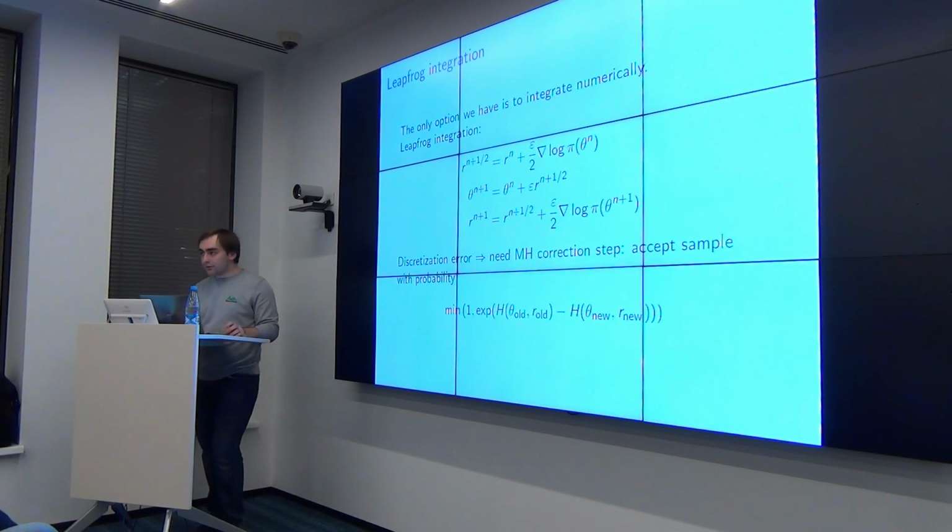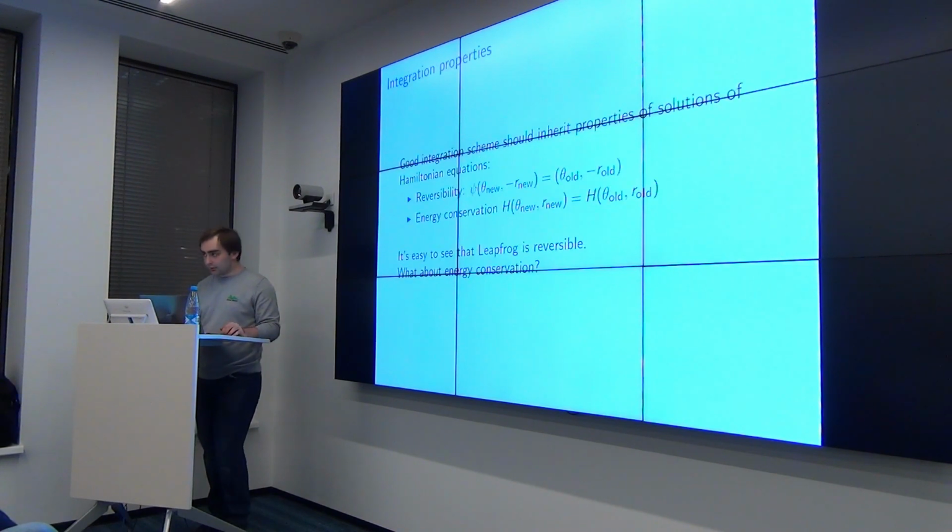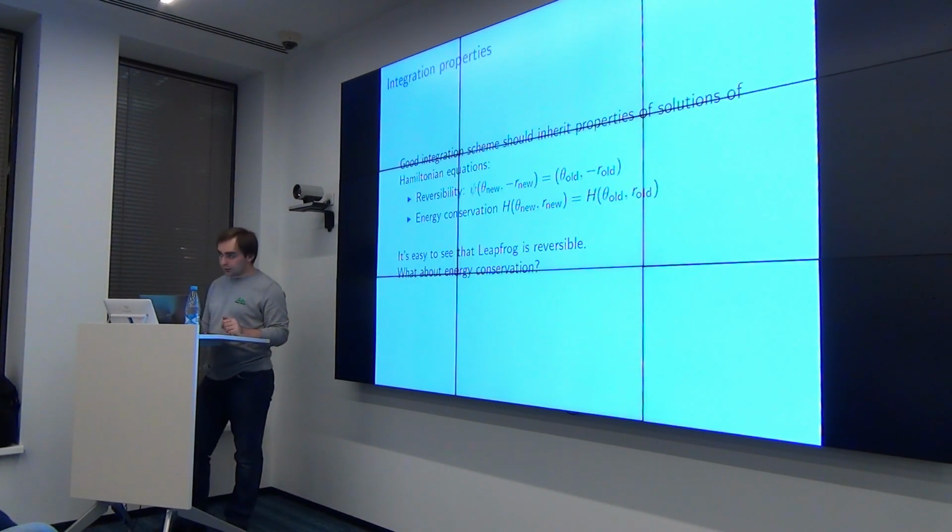But why do we even choose leapfrog? Why is it good? It's quite intuitive that the solution given by the integration scheme should inherit some properties of the true solutions. For true solutions, we have 2 important properties. One of them is reversibility.